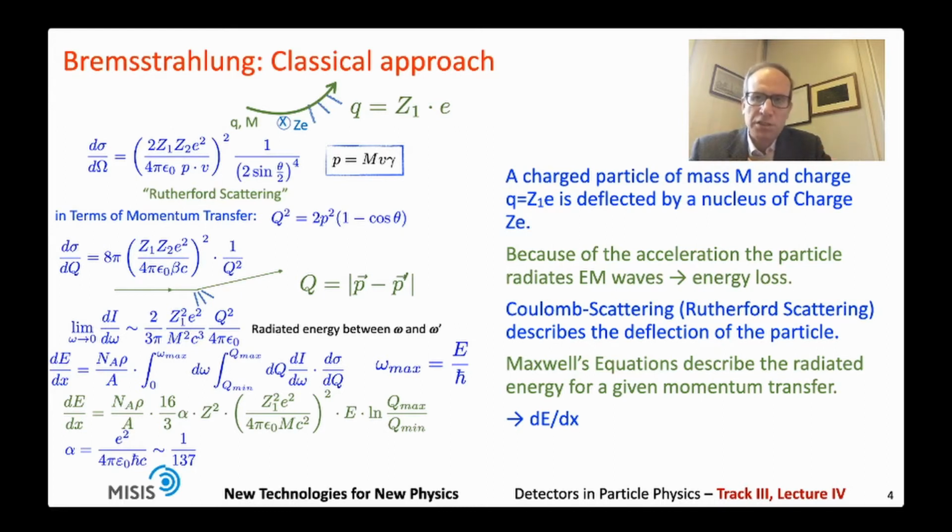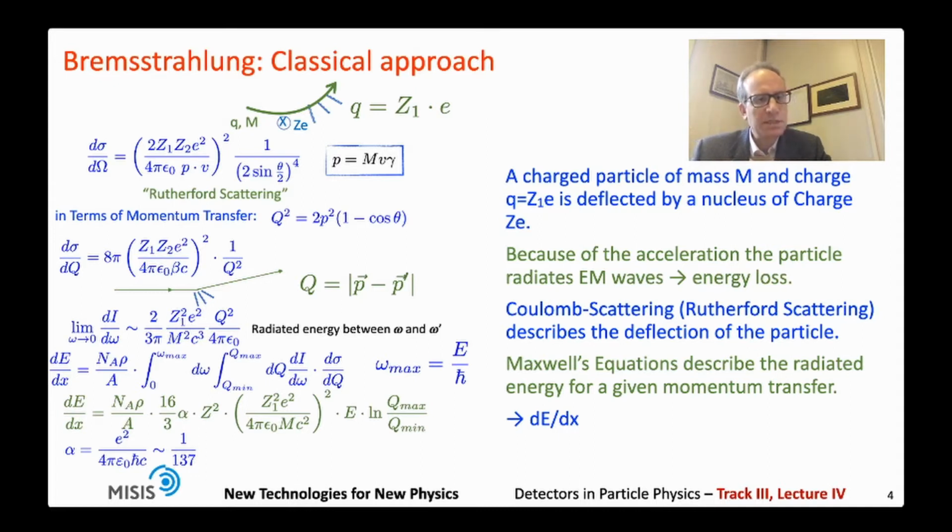This emission of radiation is done at the expense of the initial energy of the particle, which loses its energy due to this radiation. And so the energy loss here is reported in terms of dE over dx, which means energy loss as a function of the traversed material.